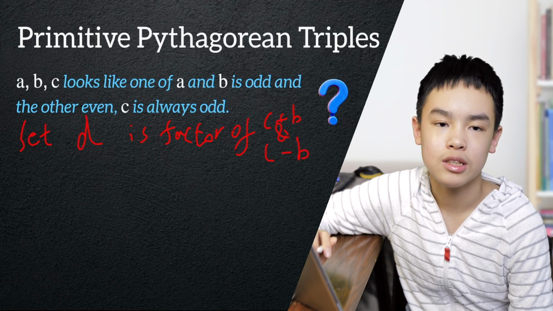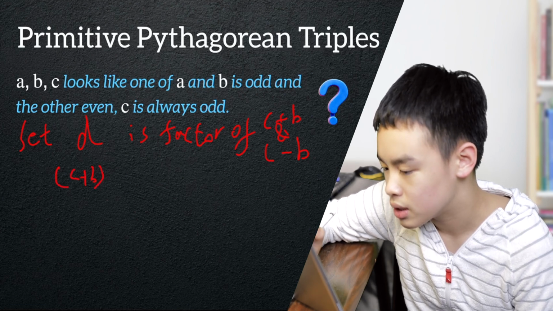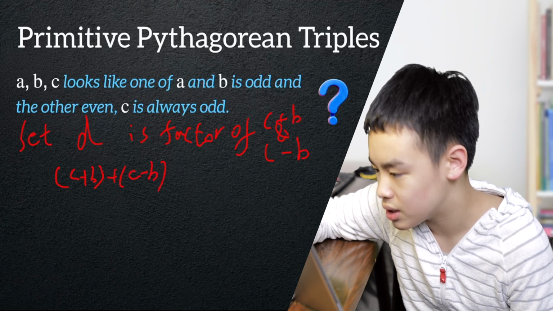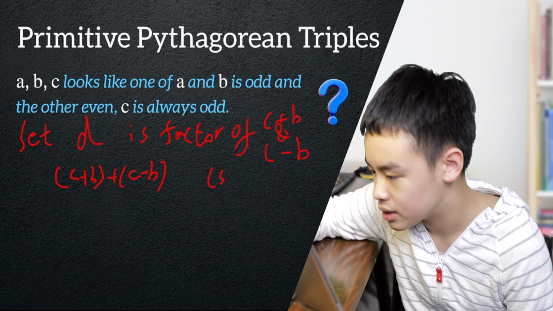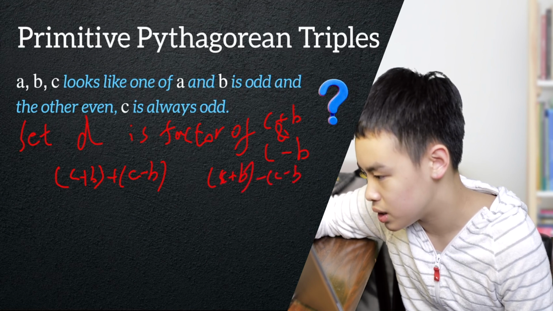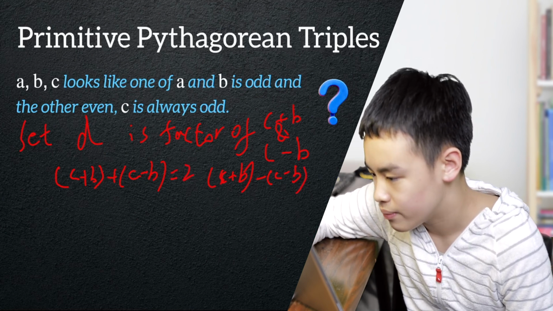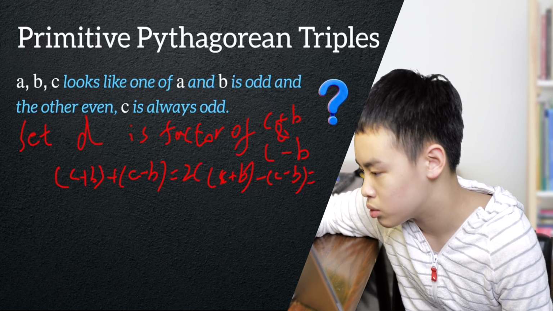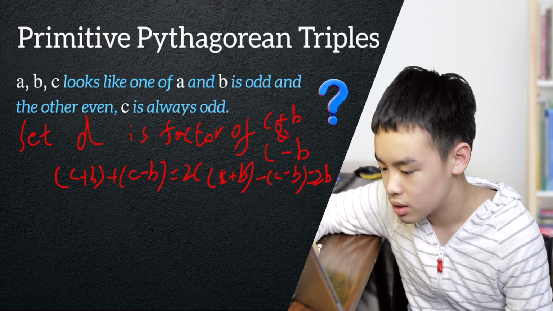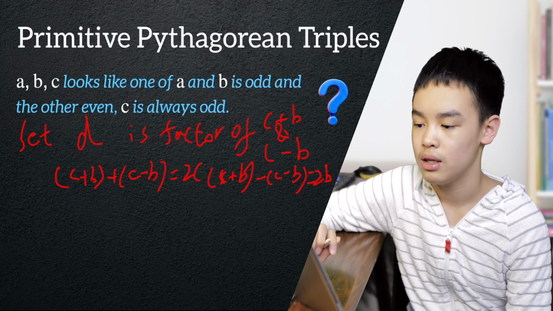And if d is a factor of both, then d is a factor of these numbers added together, and also a factor of these numbers subtracted. c plus b minus c minus b. And if we add them together, we get 2c. If we subtract them, we get 2b. So 2c and 2b are both even numbers. So d must be a factor of even numbers.